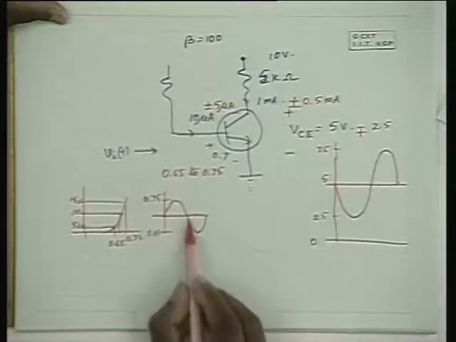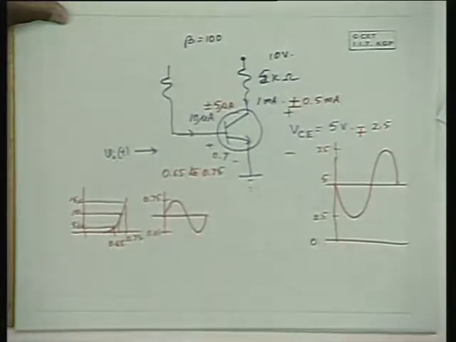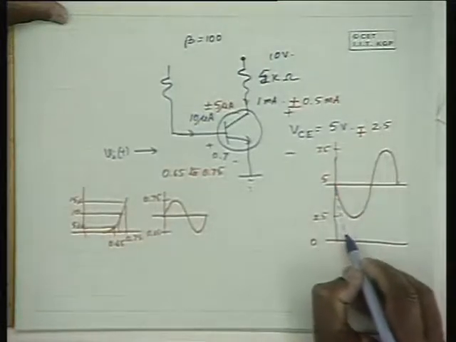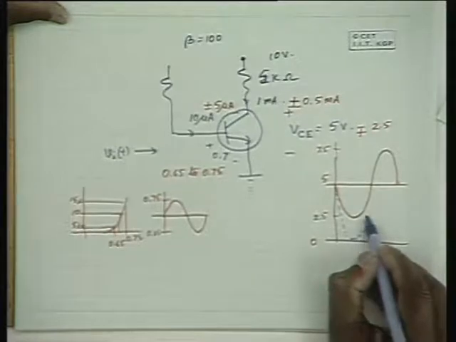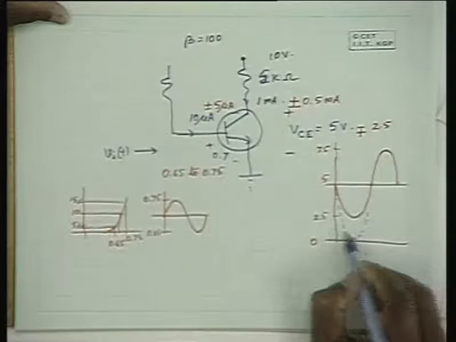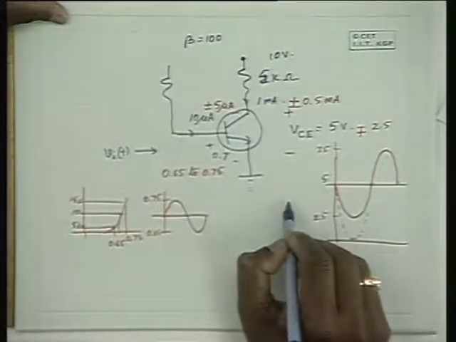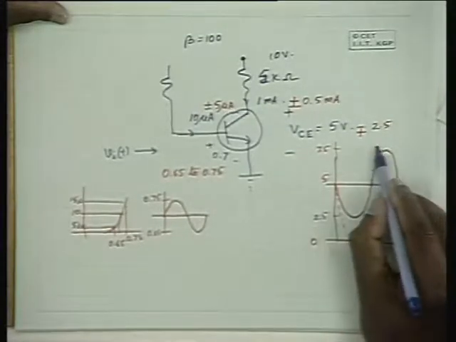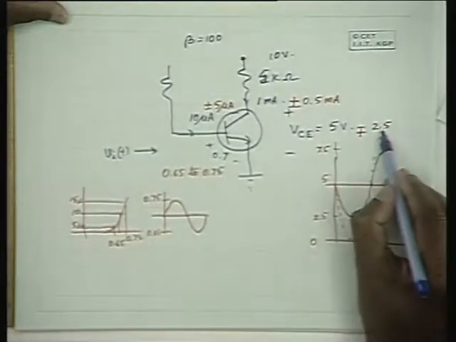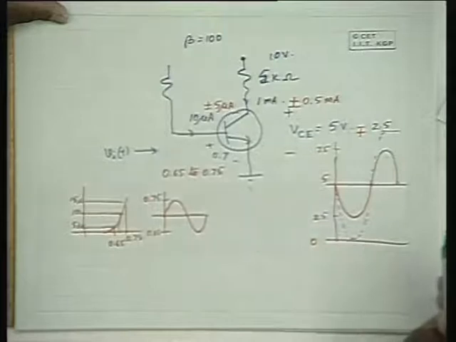Now if I further increase the amplitude on the input side, the output side amplitude can at the most go down to 0, because below that the transistor will be saturated, and at the most it can go up to 10 volts. With 0 current it can go up to 10 volts. It cannot go beyond that.